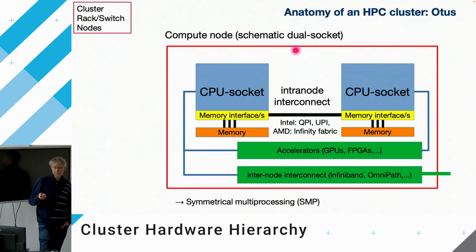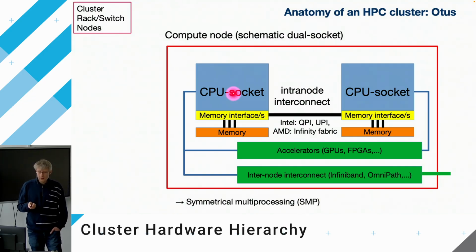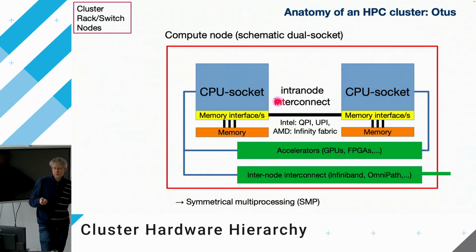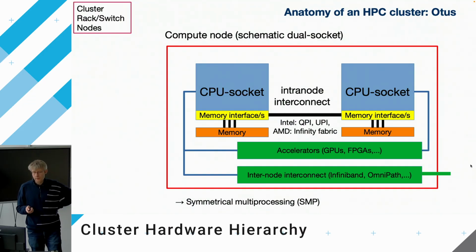So all the processes that run on one of the CPU sockets can access the resources that are connected to the other CPU socket. Therefore, we are calling this a symmetrical multiprocessing system, because every program can access all of the resources.